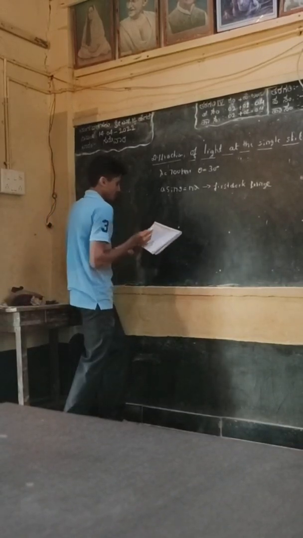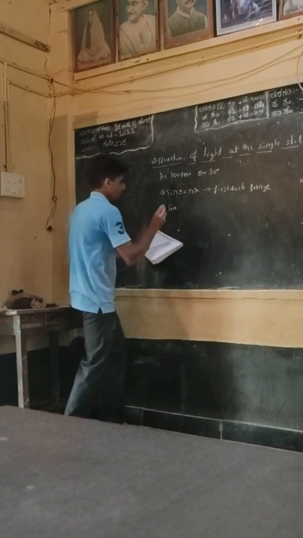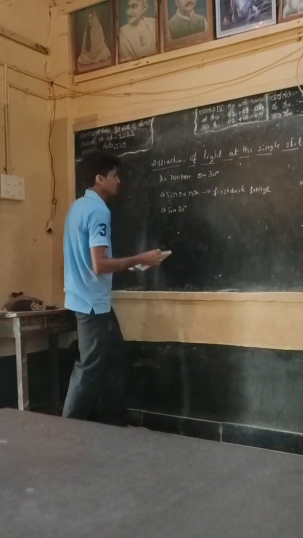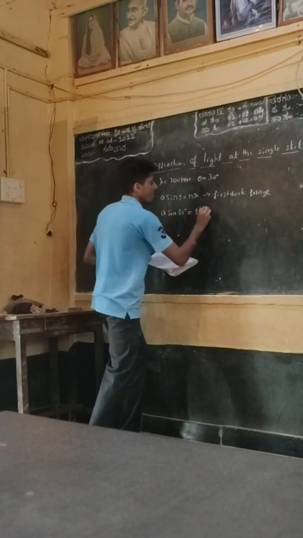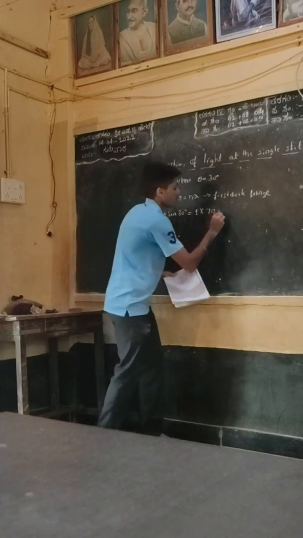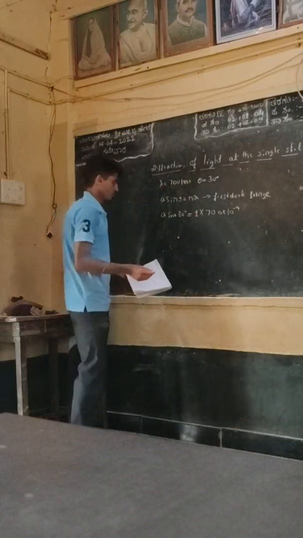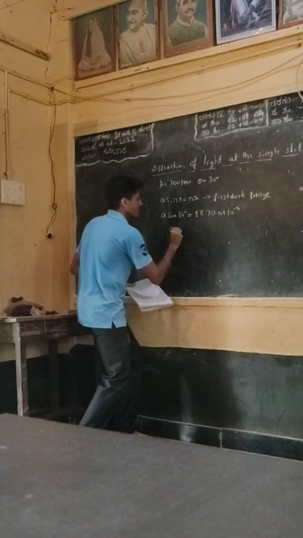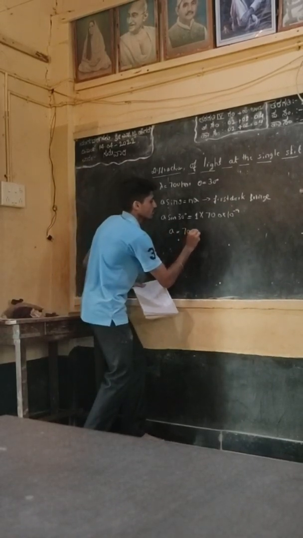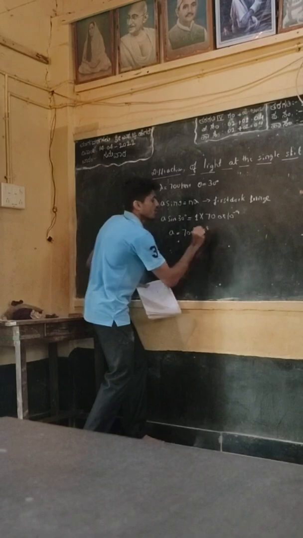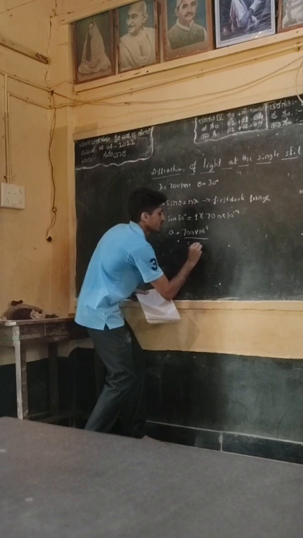Put the value of theta, which is 30 degrees, and n means 1 because it is the first order, and lambda is 700 into 10 to the power minus 9 as it is a nanometer. So take the variable to the left hand side: A equals 700 into 10 to the power minus 9 divided by sine 30.